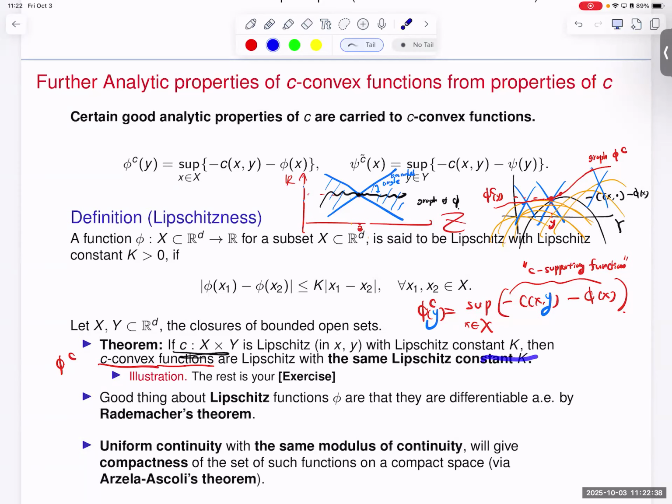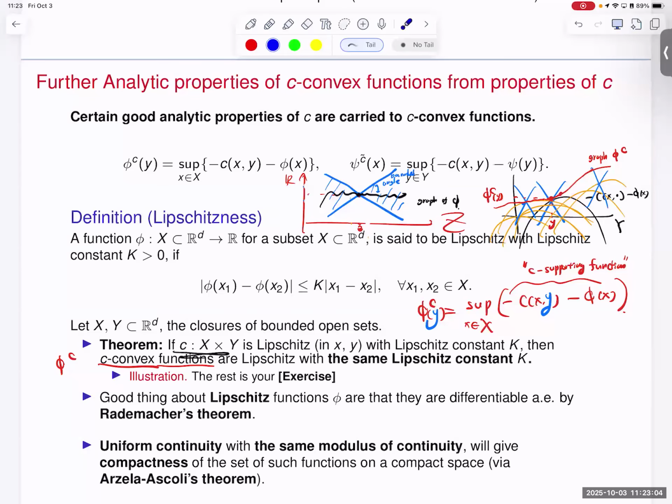Yeah, it's a stronger condition. So you actually need only Lipschitz in X with Lipschitz constant K, also Lipschitz in Y, Lipschitz constant K. Yeah, probably not exactly the same. You will change the Lipschitz constant, or if you want to consider the whole Lipschitz in the product space. Okay, but they are basically equivalent.